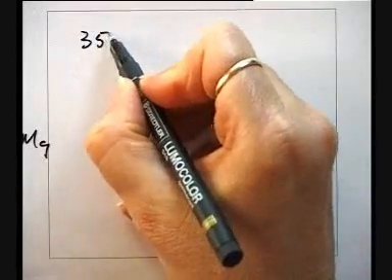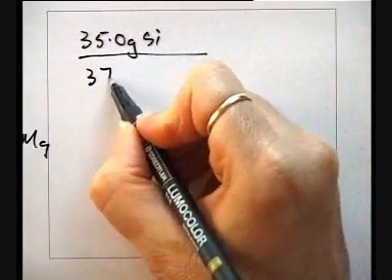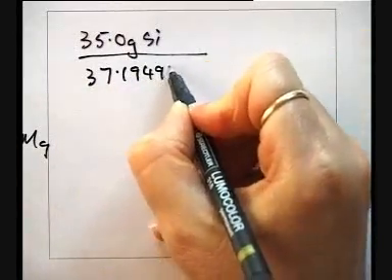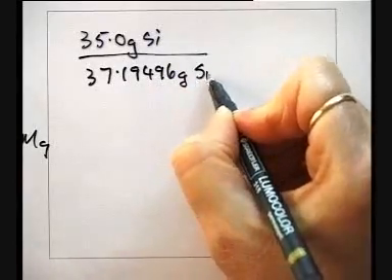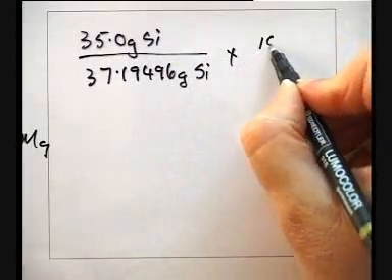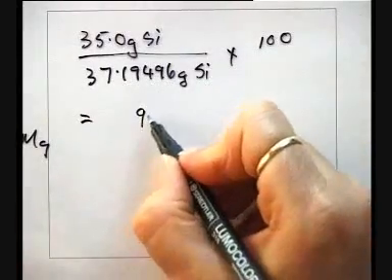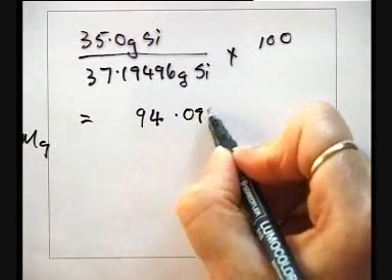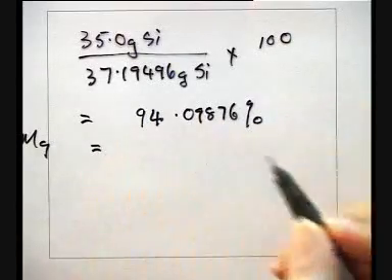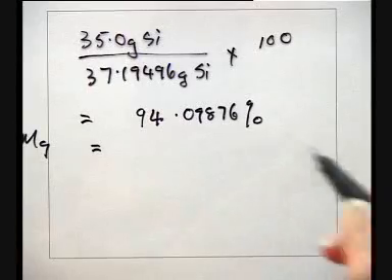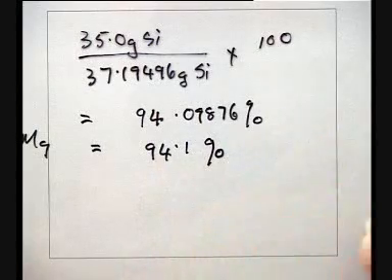You've isolated 35 grams of silicon. You expected 37 grams. And when you express that as a percentage, you see that you've isolated only 94.09876%, and now you round it in terms of significant figures. Altogether 3 significant figures, it will be 94.1%.